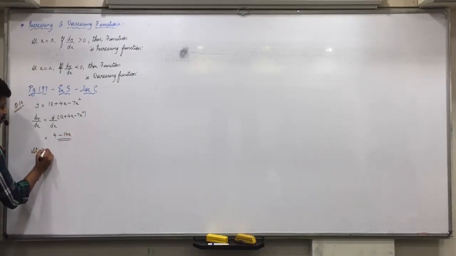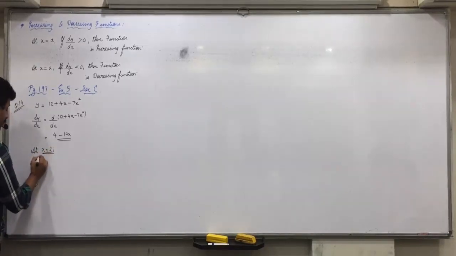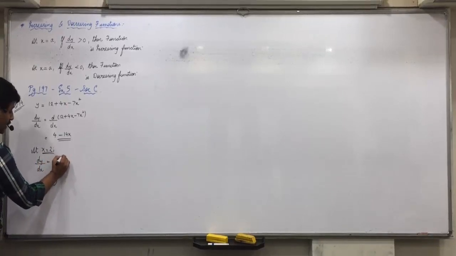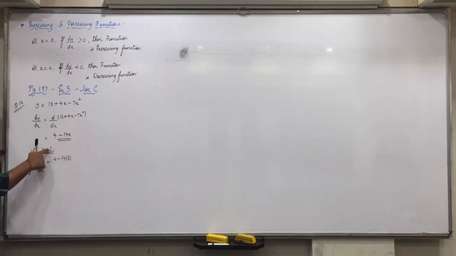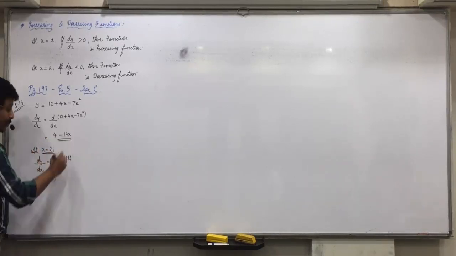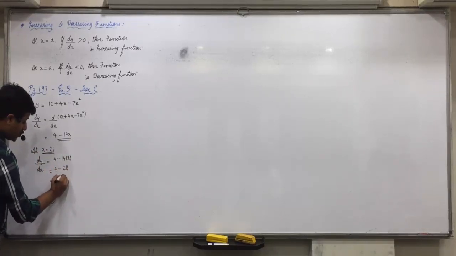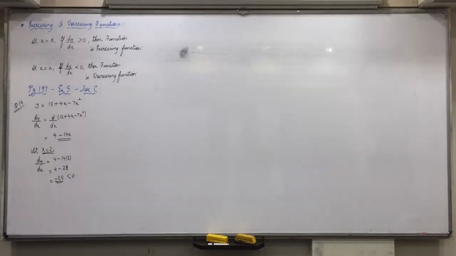Now at which value of x you will find this? 2. So at x equals 2, dy by dx equals 4 minus 14 into 2. In place of x we will put 2. So 4 minus 14 into 2. 4 minus 28, minus 24 is less than 0, negative. Negative means the function is decreasing.